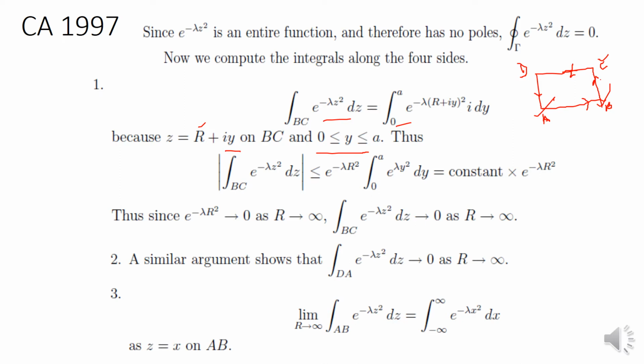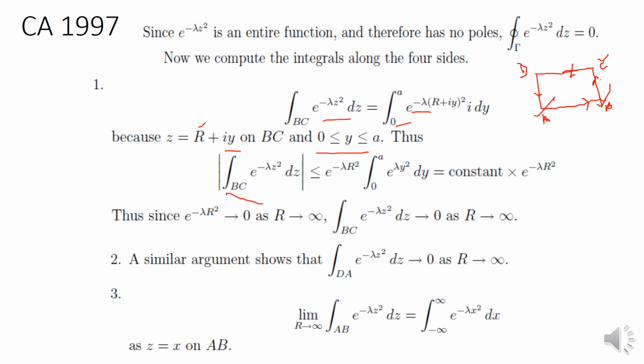Or we can write further that mod of the integral over C of f(z) dz is less than or equal to the integral over C of mod f(z) into mod dz. The same property we are using here. So mod of the integral of f(z) dz over BC is less than or equal to, if we open it, e to the power minus lambda into R square plus i square y square plus 2iRy, into i dy.